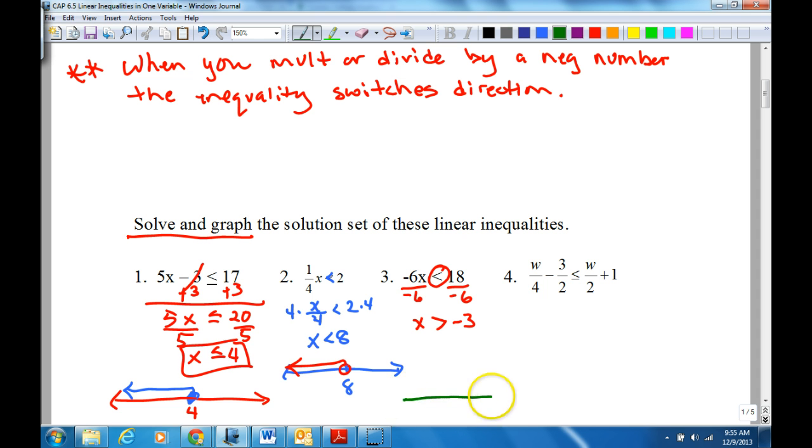Okay, if I were to graph that here, put my negative 3, it's going to be an open circle. It's going to the right, because it's not got an equal sign underneath it. If it had the equal sign with it, then it would be a closed circle. So that one all the way to the left with 4? Yep. Why is that closed? Because it has a little equal sign in it. Yep, good question.